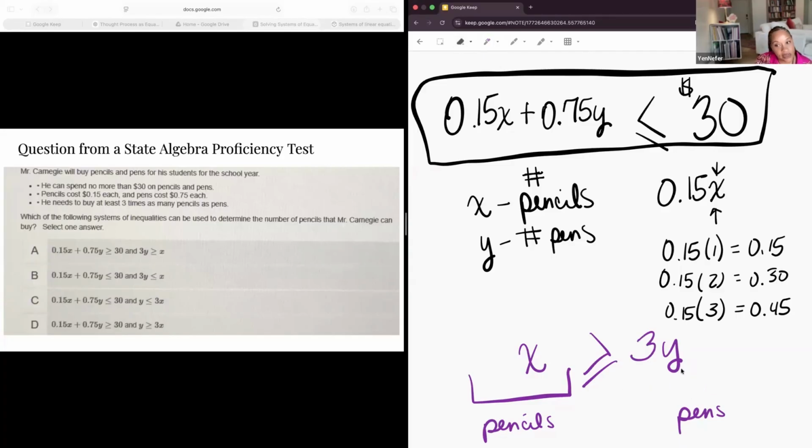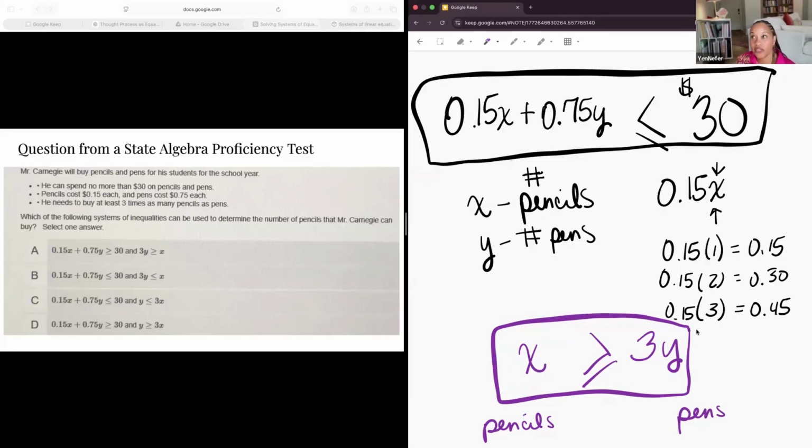So the number of pens times 3 needs to be equal to or less than the number of pencils. Okay. So this is real easy to get backwards where you put the 3 next to the X. But if you just take your time and think through it, you can get it. So now we have the other inequality. And this question just needs us to choose the answer, which I believe is B.